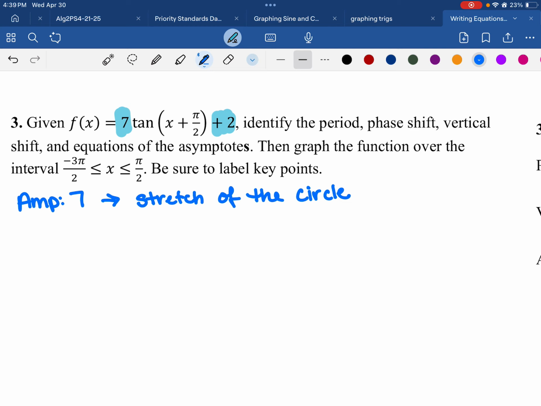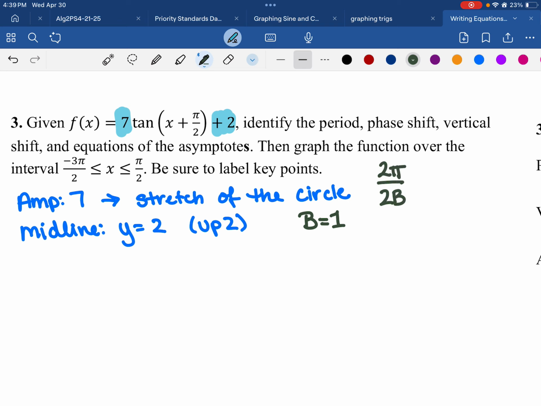For the midline is at y equals 2, which means I went up 2. The b value that we have is 1, so b equals 1. When you're doing tangents, you can take 2 pi divided by 2b, or you can take pi divided by b.